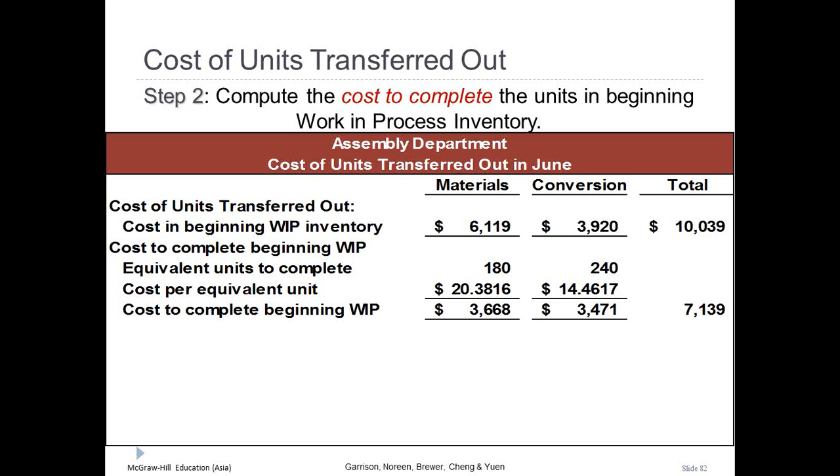Next, record the total cost per equivalent unit, 20.38 for materials and 14.46 for conversion. Finally, we compute the cost to complete the units in beginning work in process inventory, which is 3,668 for materials and 3,471 for conversion, for a total of 7,139.